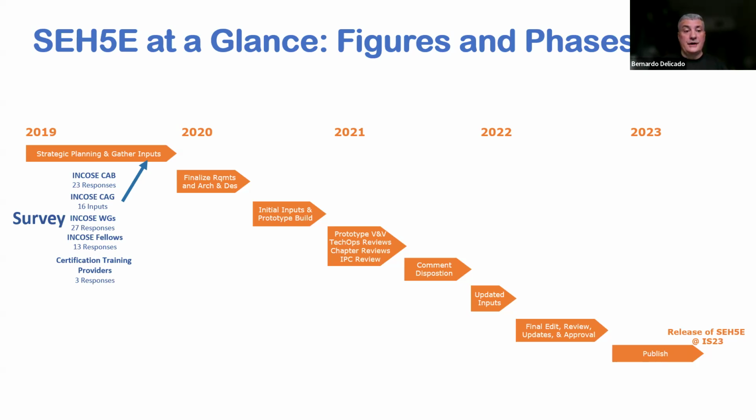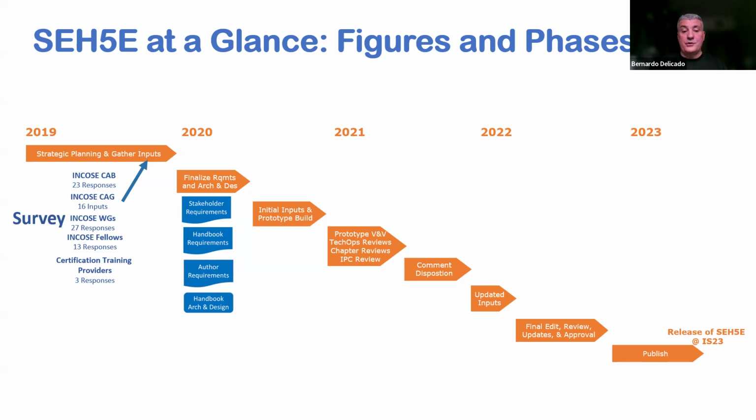That's why we started in 2019 with a survey involving the CAB, working groups, fellows, and the certification training providers. With this information, we produced the requirements from these inputs and needs, and we worked with different internal stakeholders to produce the current architecture and design of the new version.